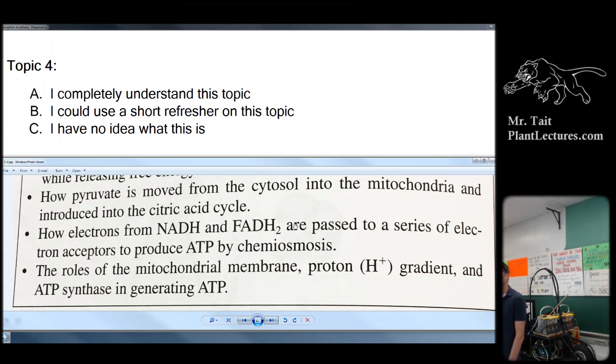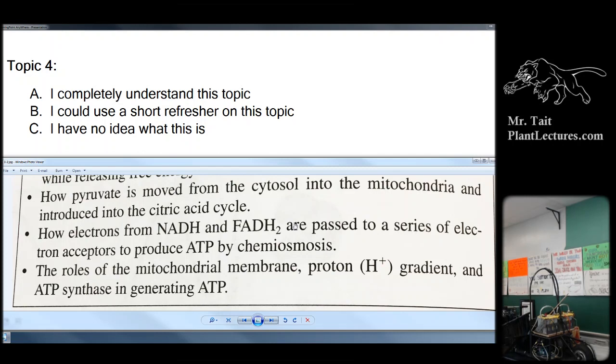For some reason, after X number of years, they start moving away from that name, and so they're calling it the citric acid cycle now to kind of remove it from Hans Krebs, because his name, even though he discovered it, doesn't have anything to do with the cycle, versus the citric acid cycle has everything to do with it because that's the very first thing in the cycle.